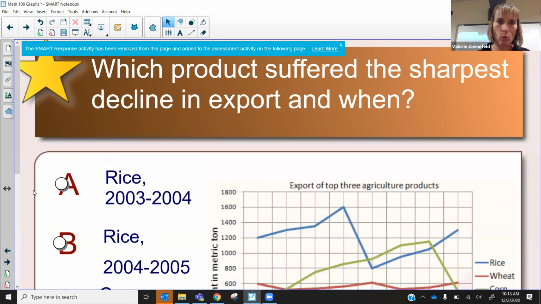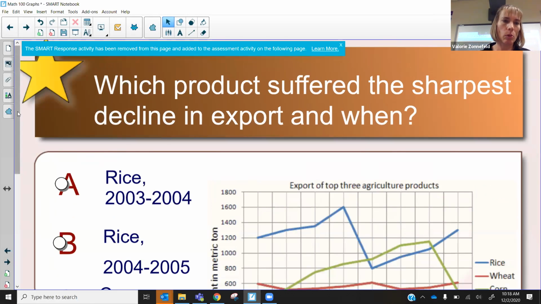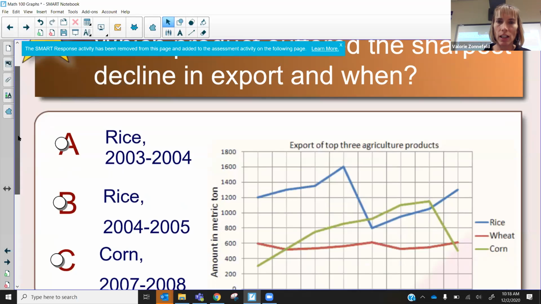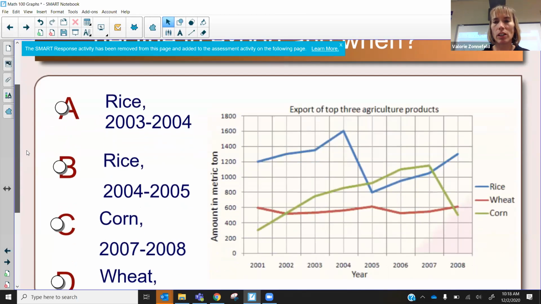The next one: which product suffered the sharpest decline in export? So one of these products had a sharp decline, and when did it experience that decline? Go ahead and put your answer in the chat box. You can type it or you can choose a letter.